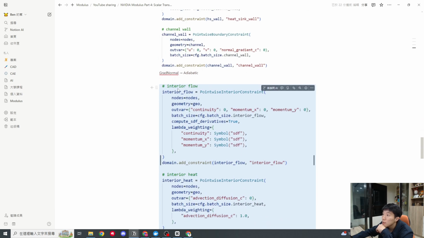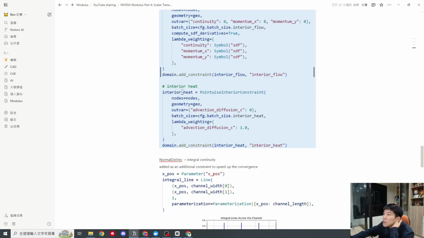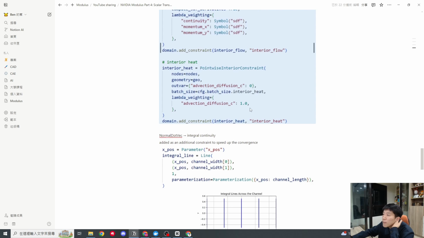And the interior flow, we have the continuity and momentum set to be 0. This is Navier-Stokes equation. And also the interior heat advection equation is set to be 0.